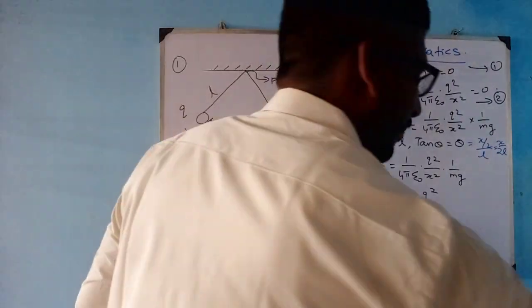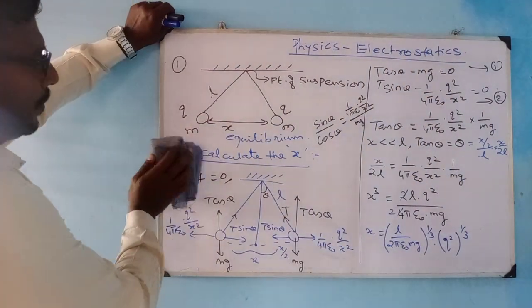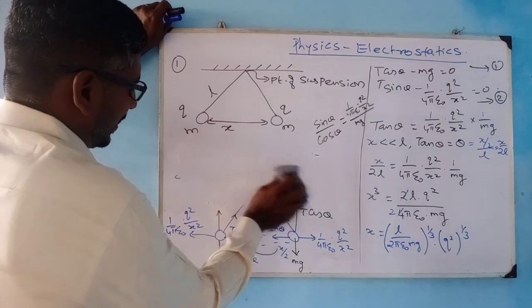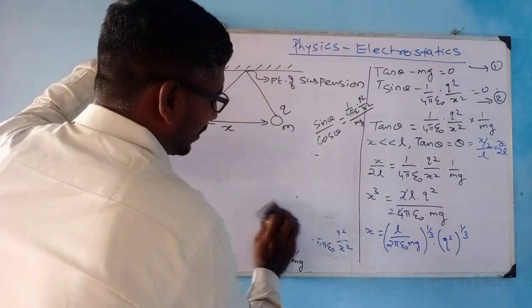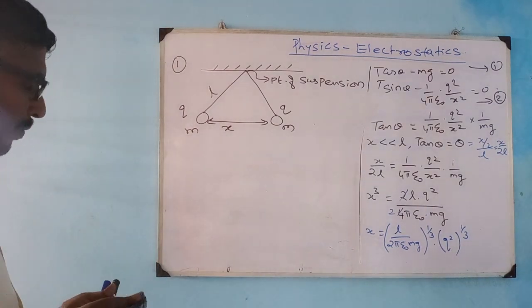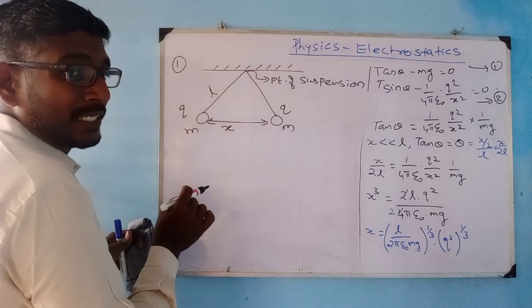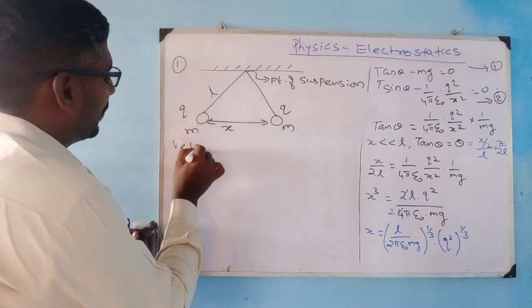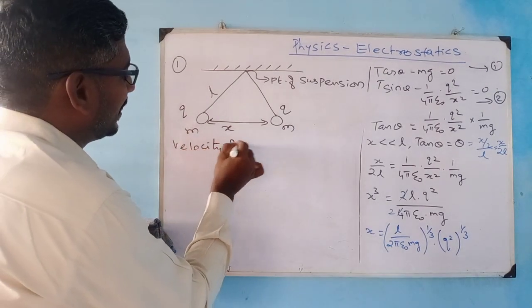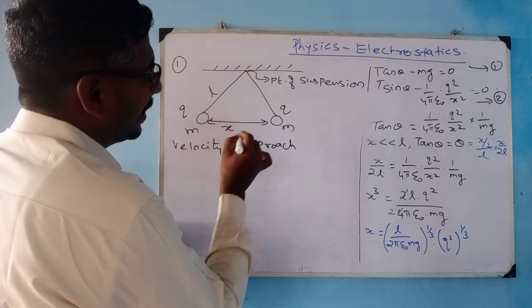For example, I am moving from this equation x. The questioner's expectation, from the examination point of view, is that you calculate the velocity of approach under the given condition when this charge starts leaking.